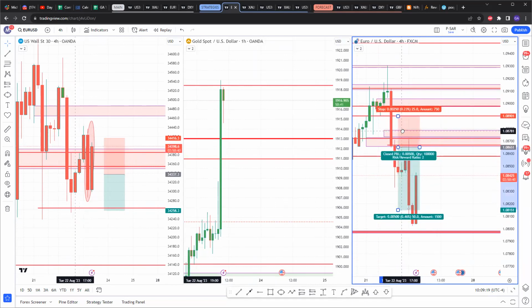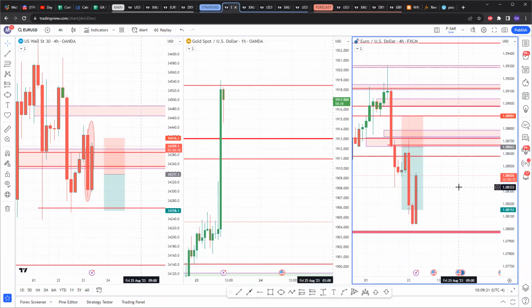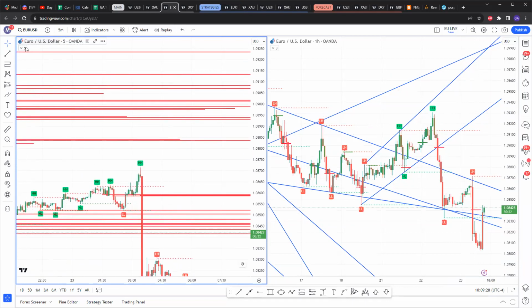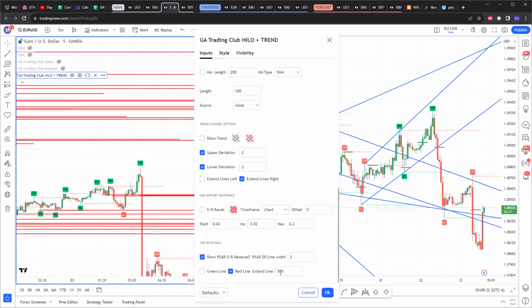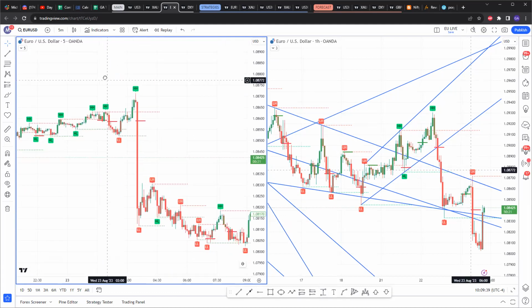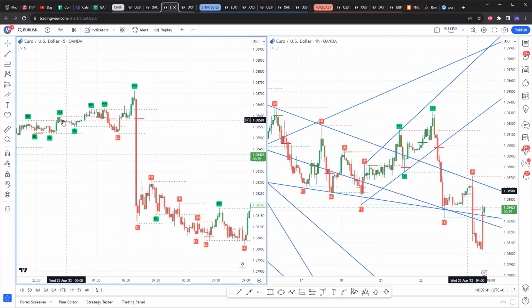However, if you waited for that retracement, you would then need to go down, wait for price to come to your SAR zones in and around there, and then you would wait for the live 5-minute or 15-minute candle to be broken and retested.